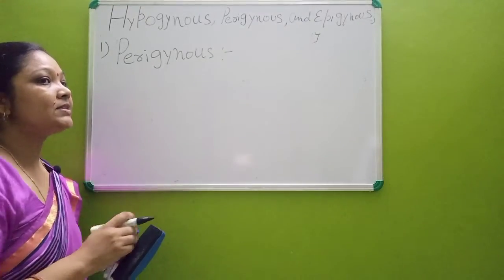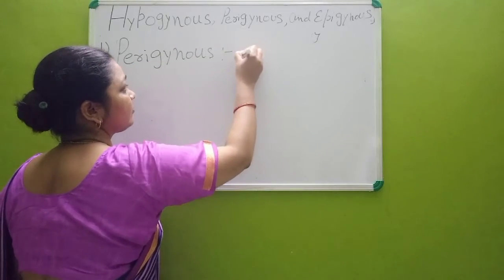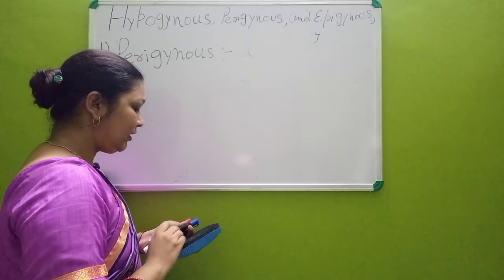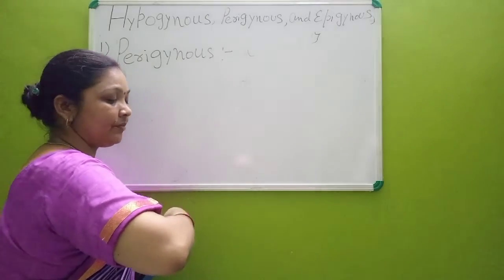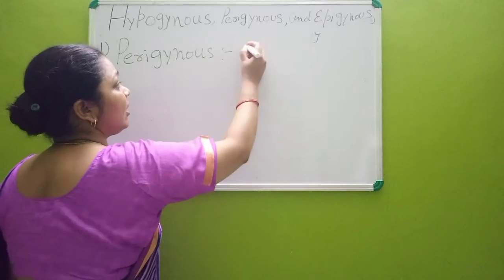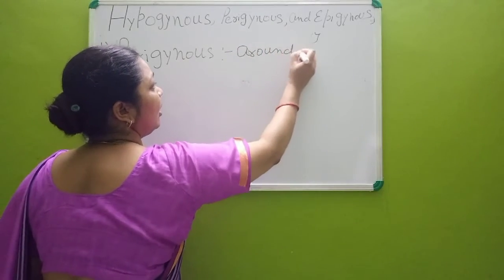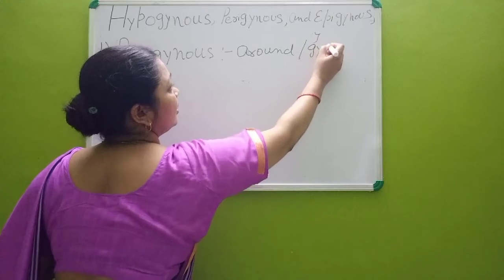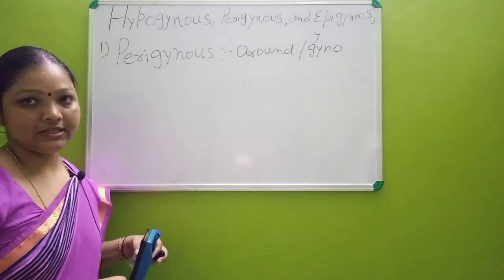So perigynous means, peri means around, and gynous means gynoecium, that is, around the gynoecium. If everything is around the gynoecium, that is called an epigynous flower.